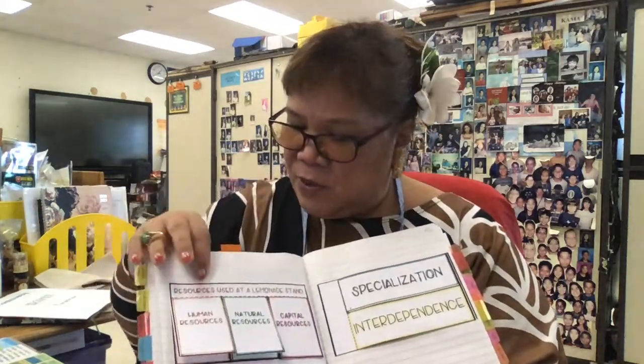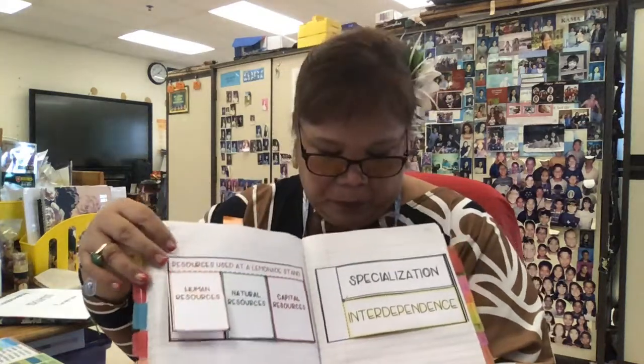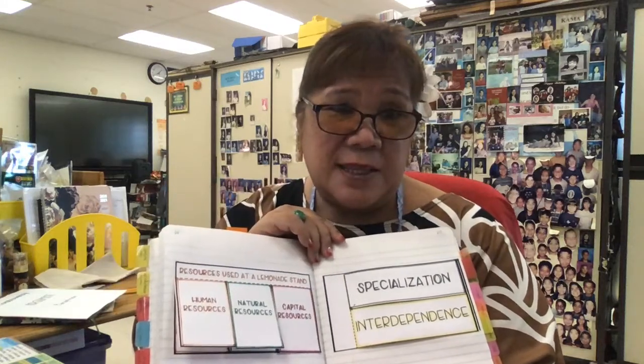Then I'm going to have my 3 flaps that's going to give examples of a human resource, natural resource, and capital resource. So let's take a look first of all at examples of human resource. When I talk about human resource, I am talking about people working to provide goods and services.